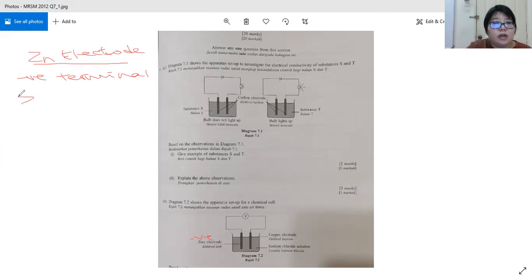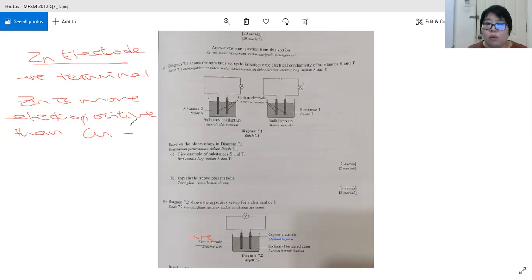It is because zinc is more electropositive than who? We are comparing the zinc and the copper. So when we say more electropositive, we are actually comparing to copper.